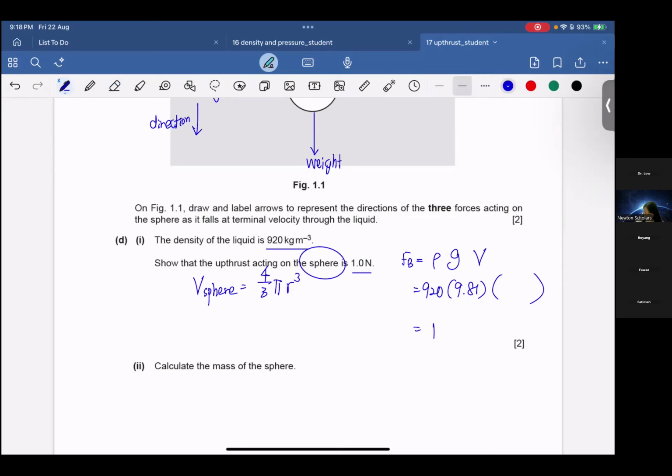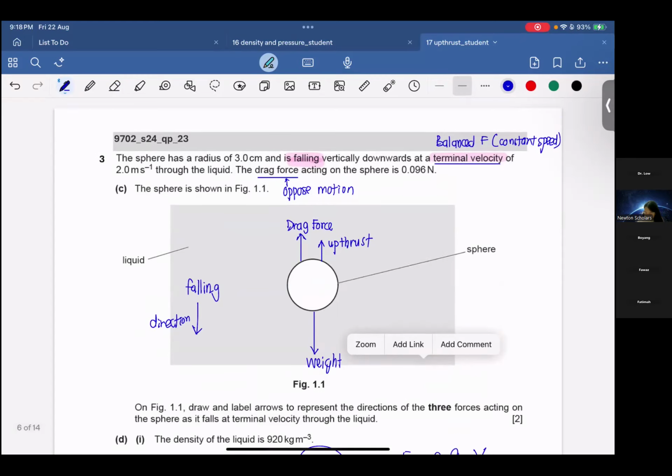We write 1.0 because of two significant figures. Don't write 1 only. 1 Newton is one significant figure. We write 1.0 is two significant figures. My boys and girls, do your calculation. Oh, the radius 3 cm.